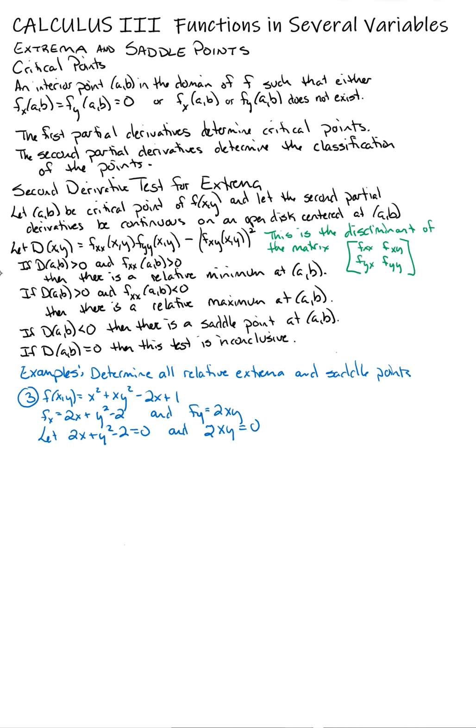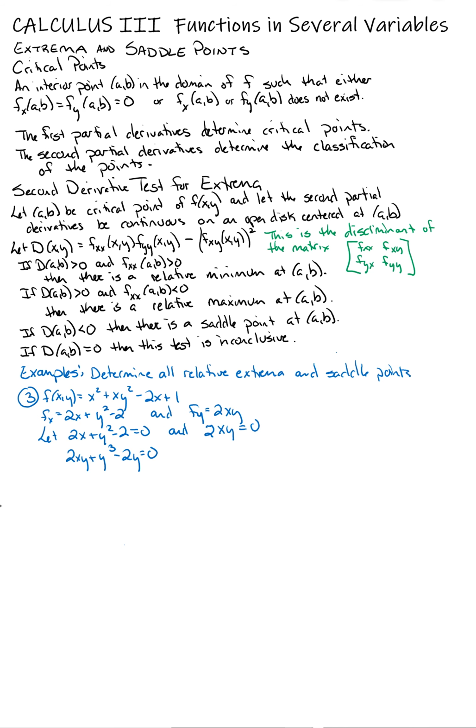One thing I notice is that if I have 2xy, I can replace it with 0. And over here, I almost have 2xy. It just needs a y attached. So let's multiply this first equation by y on both sides. That gives us 2xy plus y cubed minus 2y is equal to 0.